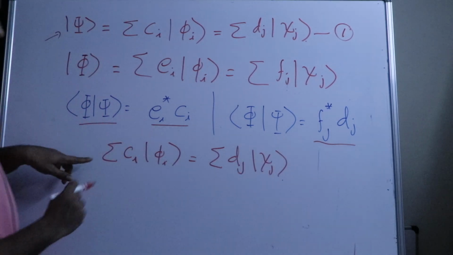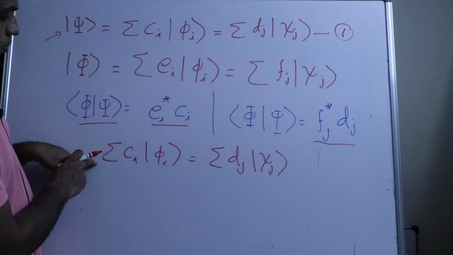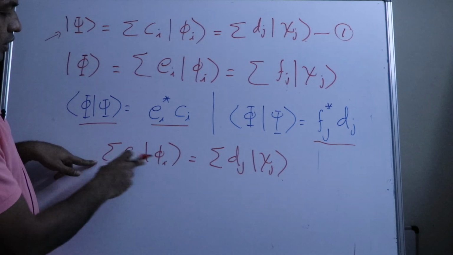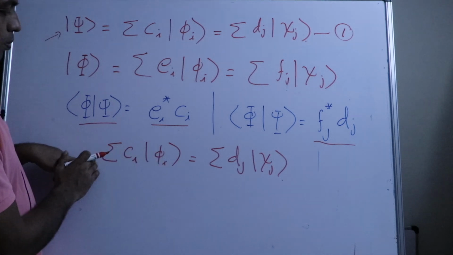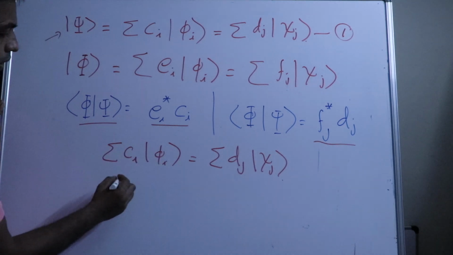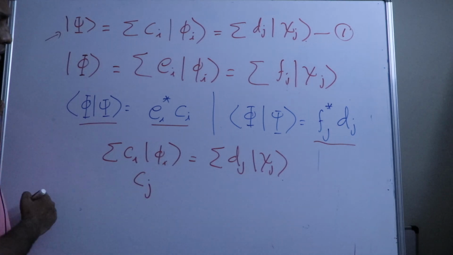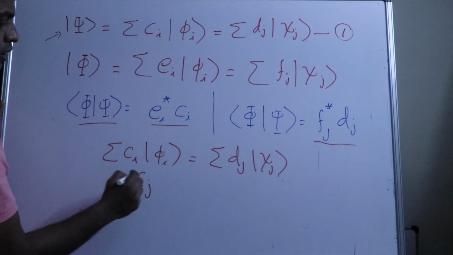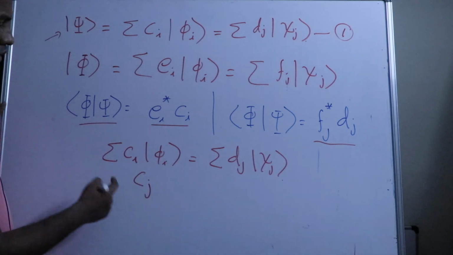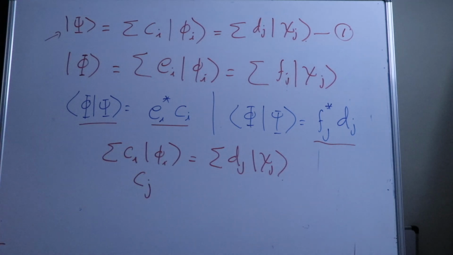If you multiply this equation with the bra phi j from the left side, that is, take the inner product of this with the ket phi j, this equation will become Cj.